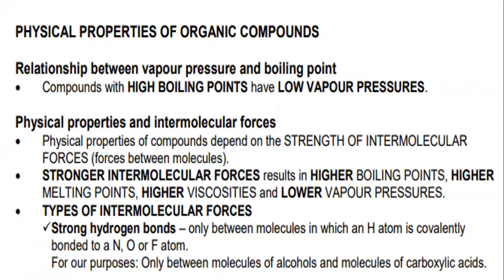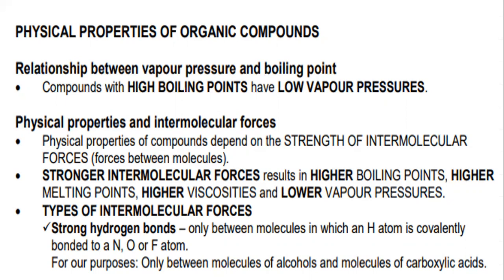In other words, if I see that a molecule has a higher boiling point, automatically it must tell me that the melting point is also going to be high. But it must also tell me that the vapor pressure is going to be low. When I realize that a molecule has a low boiling point, then it must tell me that the melting point is also going to be lower, but it must tell me that the vapor pressure is going to be high.